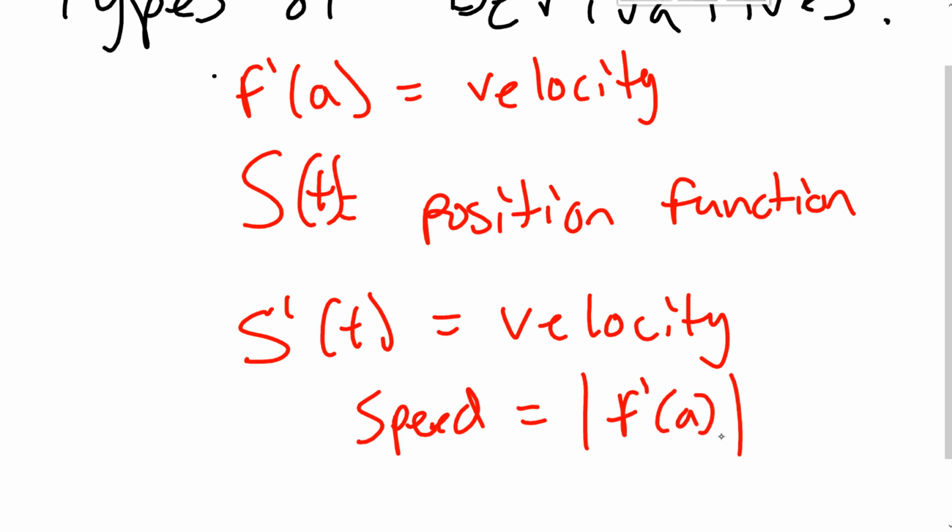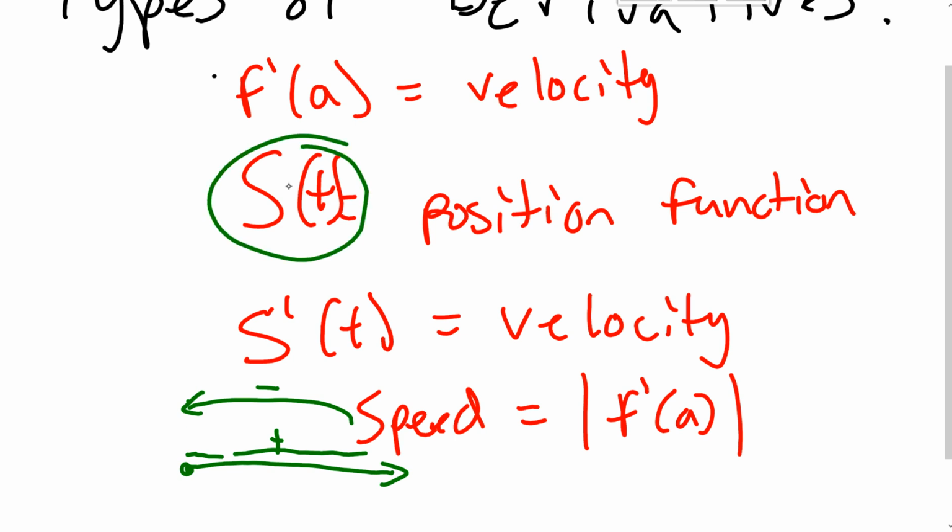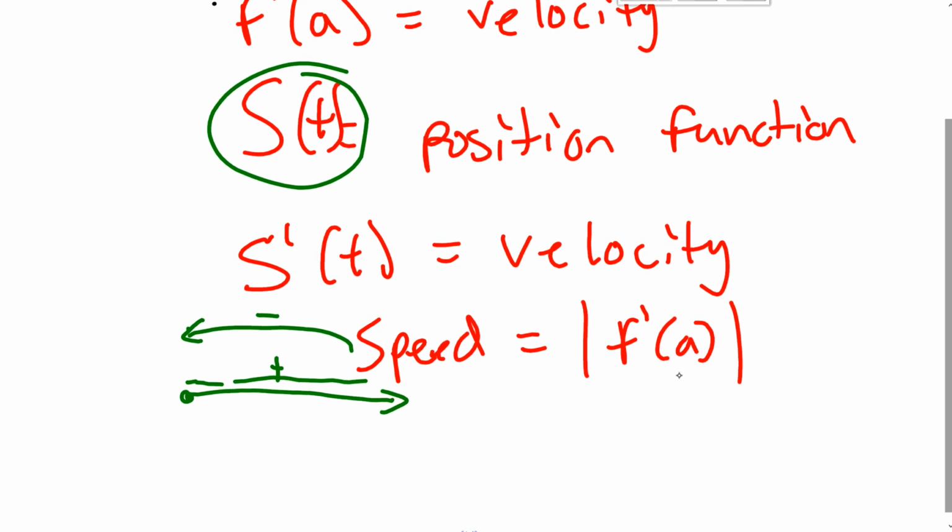Because it's a particle traveling, this is its position function, and if it's going this way, then it's positive, and if it's negative, then it's traveling back this way. This position function just tells you where the particle is, and when you take the derivative, that tells you the velocity, and the absolute value of that is its speed.